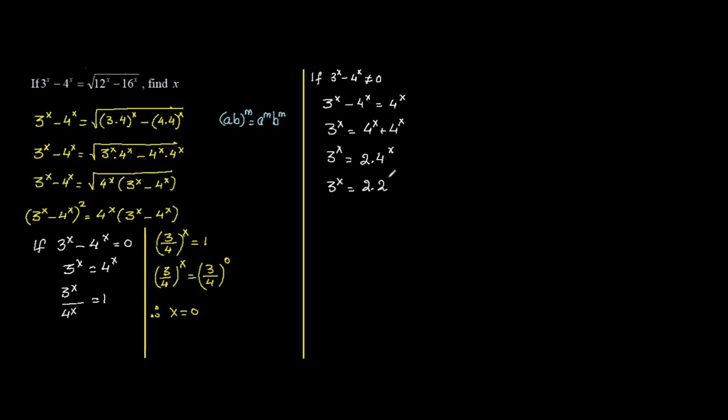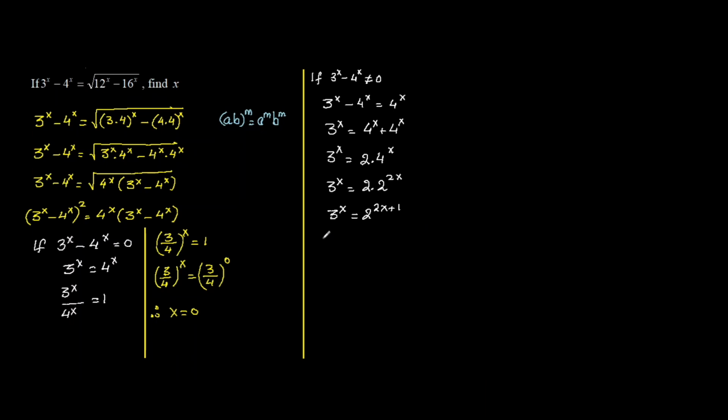So it becomes 2^(2x), and so it becomes 3^x is equal to 2^(2x+1), because a^m times a^n becomes a^(m+n).